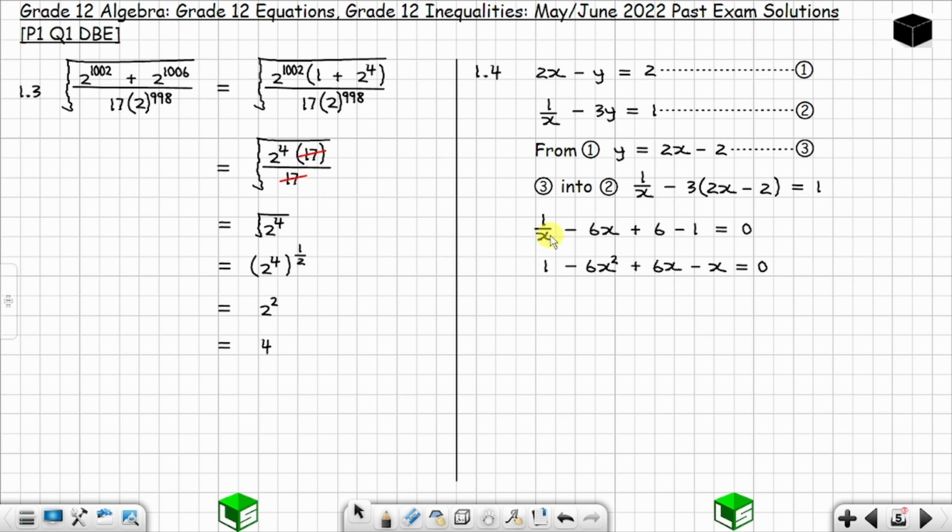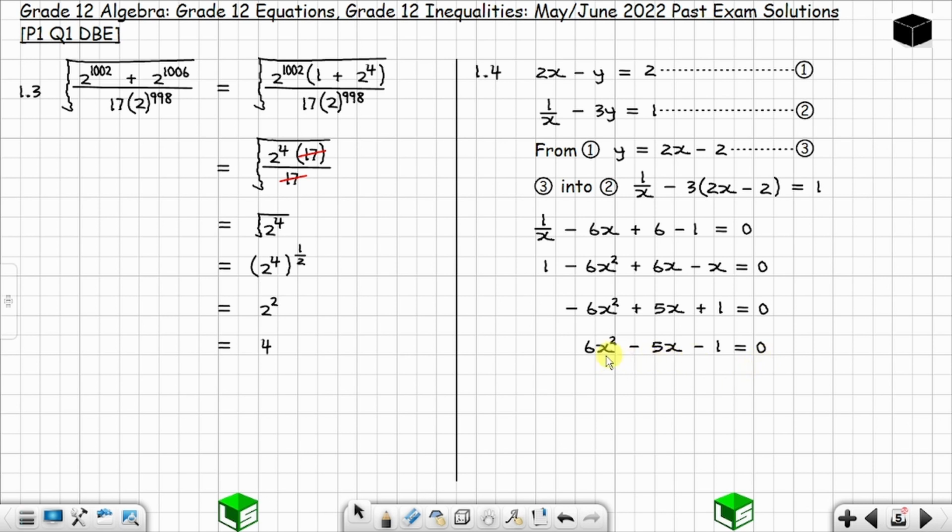So you have negative 6x squared, and 6x minus x is 5x, plus 1 is equal to 0. You multiply by negative 1 throughout so that you have a positive coefficient. So this will be 6x squared minus 5x minus 1 is equal to 0.